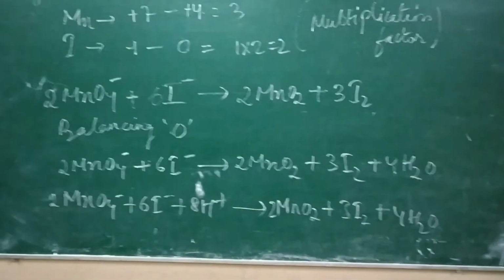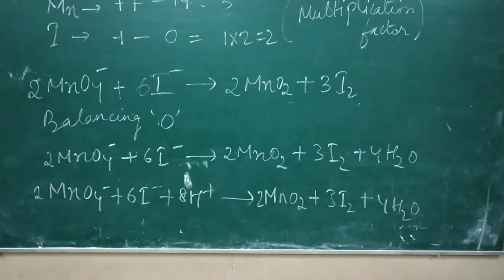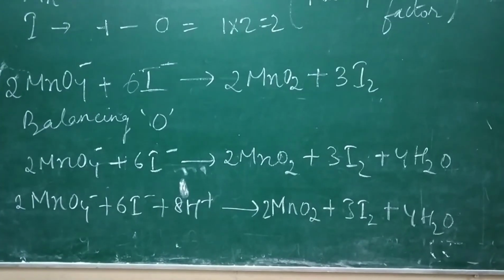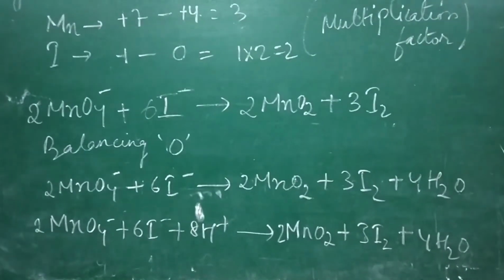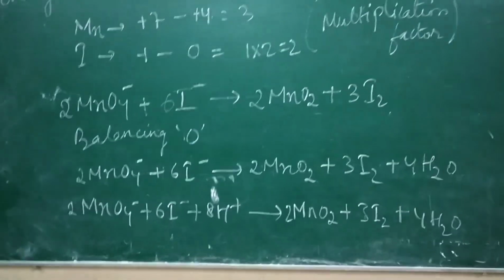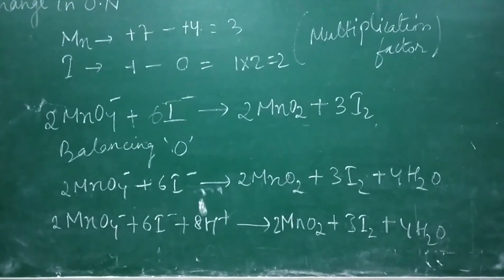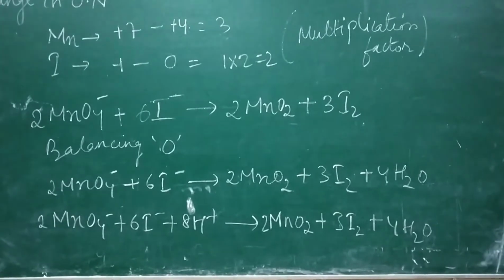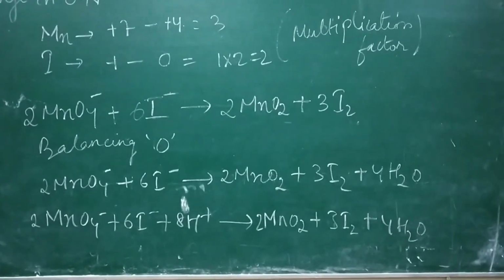If you see, hydrogen is also balanced. So this is our balanced chemical equation, which is just similar to what we got when we solved this with the help of the half reaction method. See, the equations are the same.